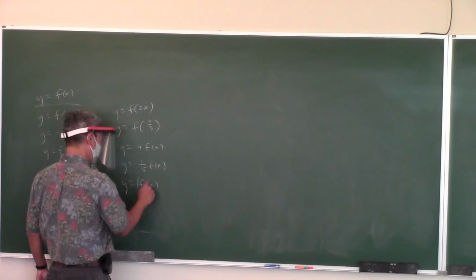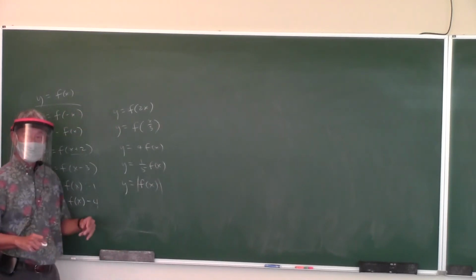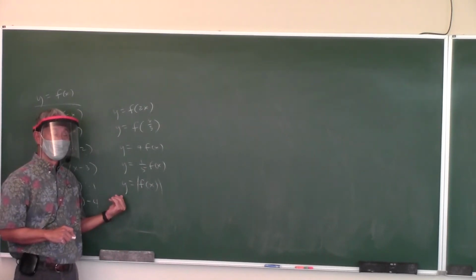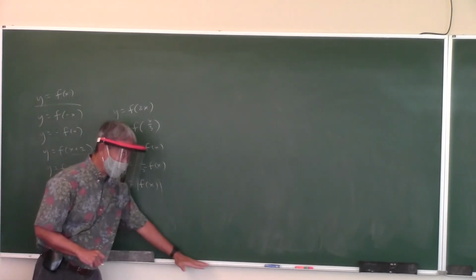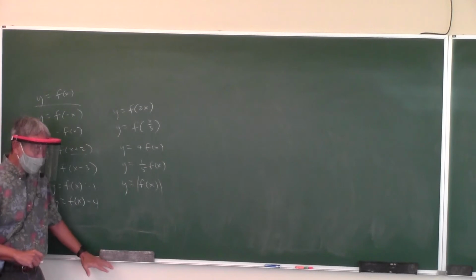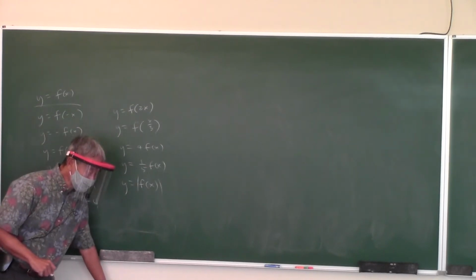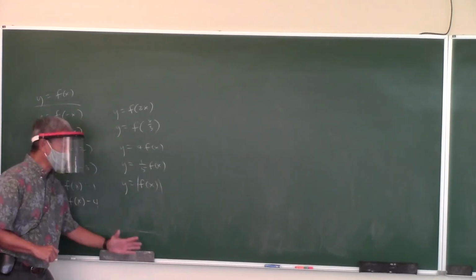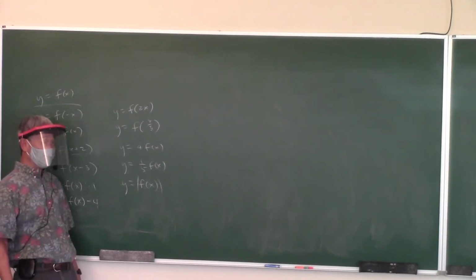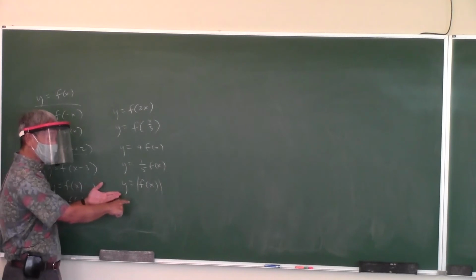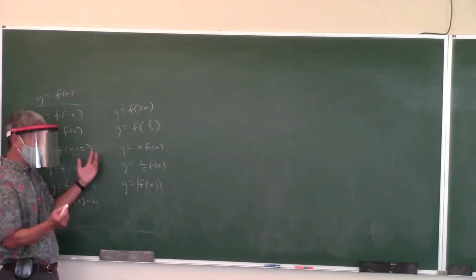What about when you put absolute value on the whole thing? What does that do to the graph? Okay, here, let's say this railing is the x-axis. Everything below the x-axis gets reflected above. Some of you are looking at me like, huh? This is the easy one. Everything that's above the x-axis, you leave it here.